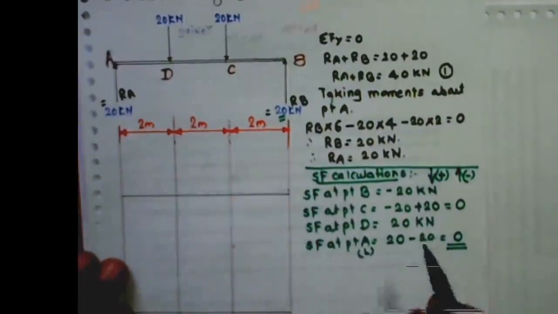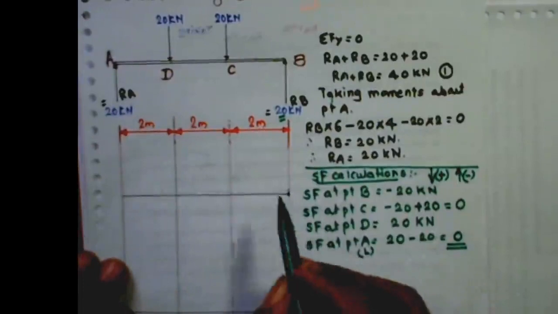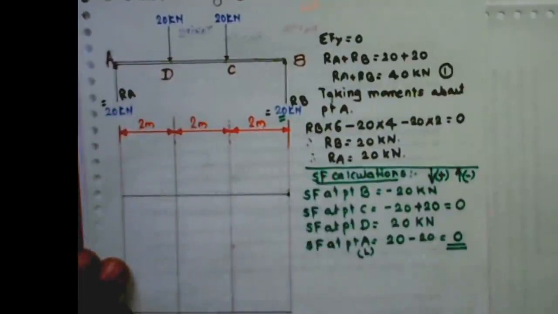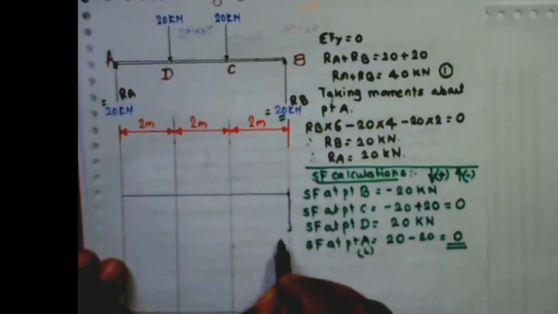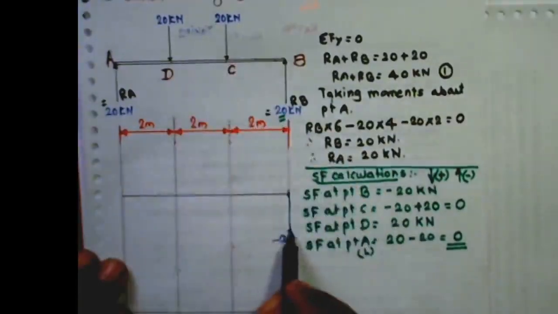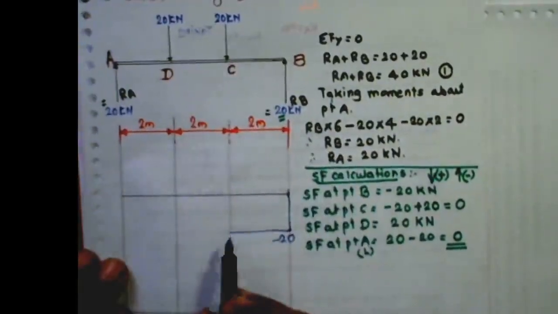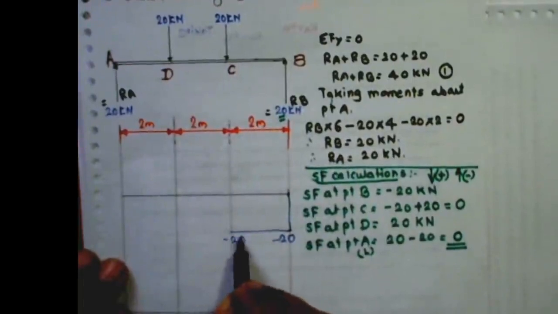Now if we plot this diagram, the shear force at point B is negative, minus 20. Between points B and C there is no load, so a horizontal line will be there at minus 20.